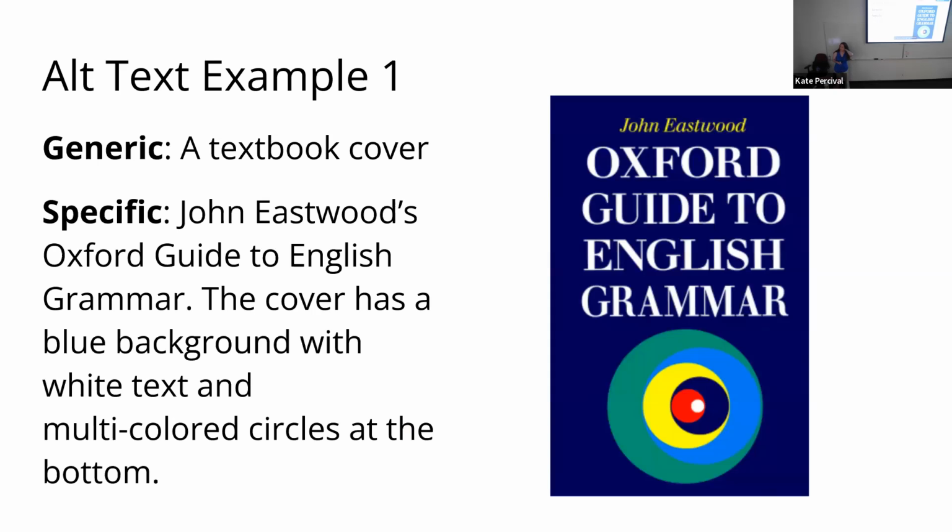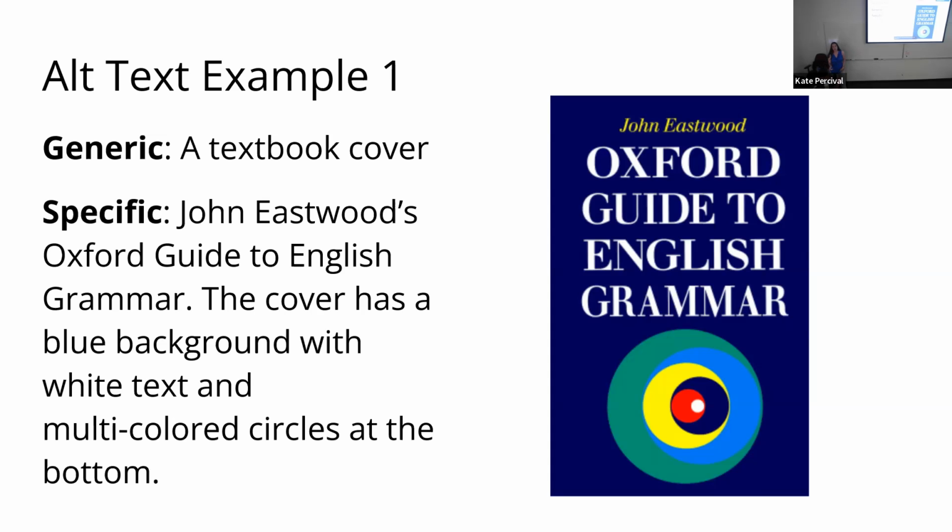Examples: we have a textbook cover. That is acceptable alt text, but it doesn't give you any context. It doesn't tell you what kind of textbook cover. It pretty much gives you no information. So if you were writing an email to a class, perhaps to students at the beginning, you know, welcome students, welcome to my class, I want you to order this specific textbook, version 3 or whatever it is.